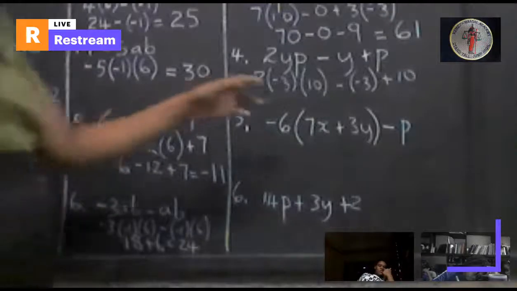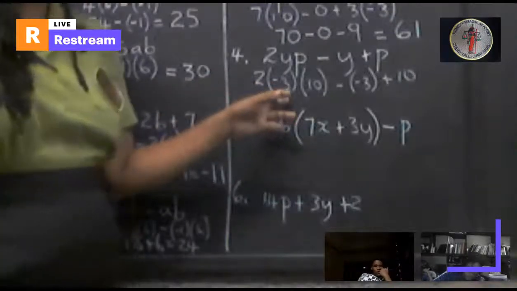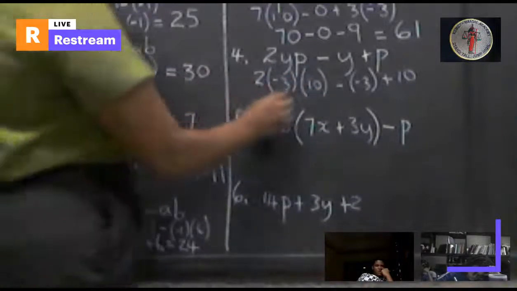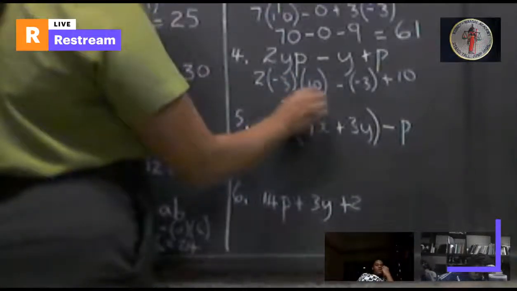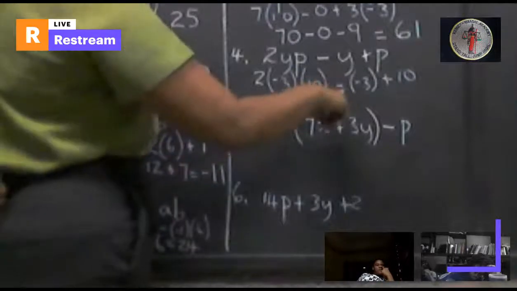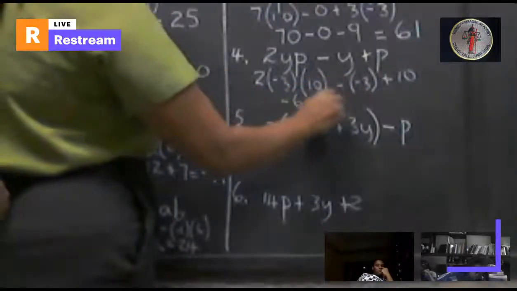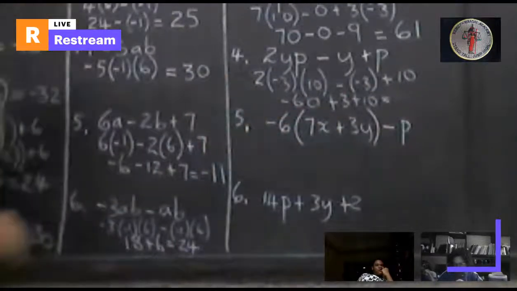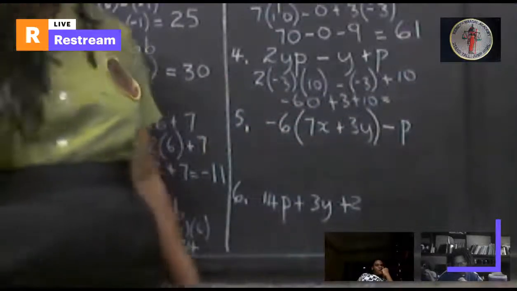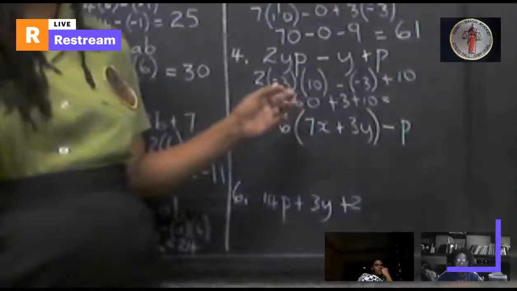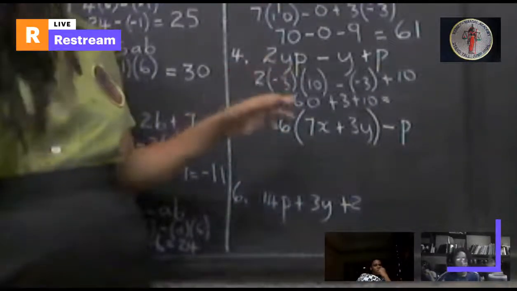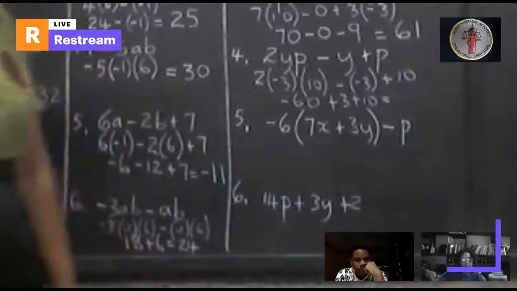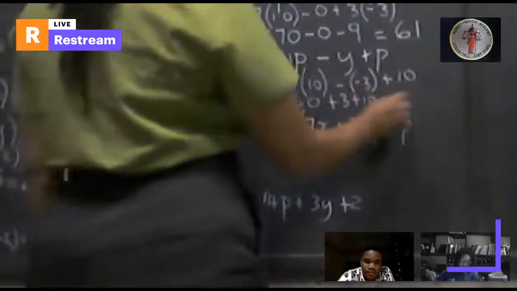So 2 times negative 3 is negative 6, times 10 is negative 60. The negative times negative gives a positive 3. So what is negative 60 plus 3? That is negative 57, plus 10, negative 47.